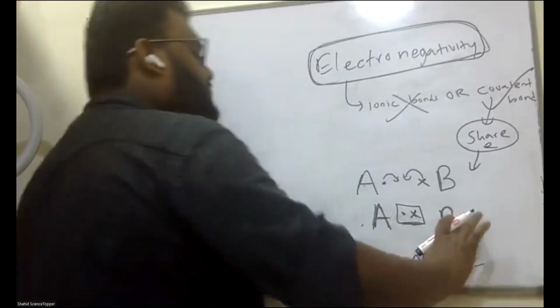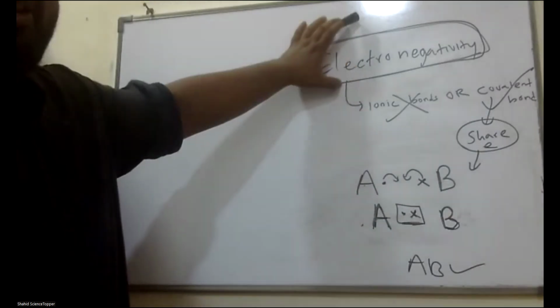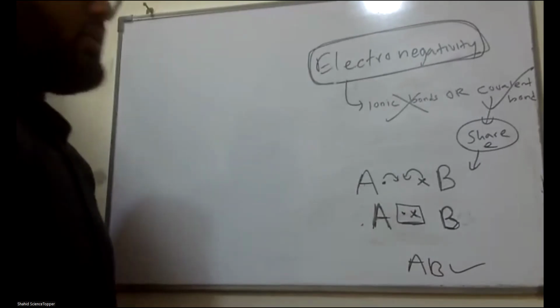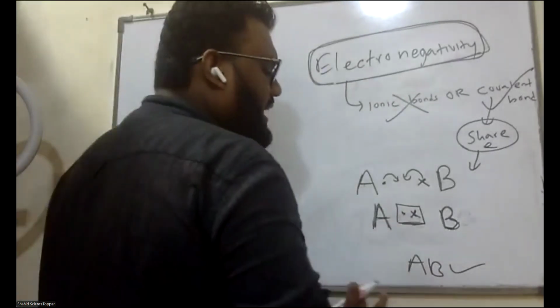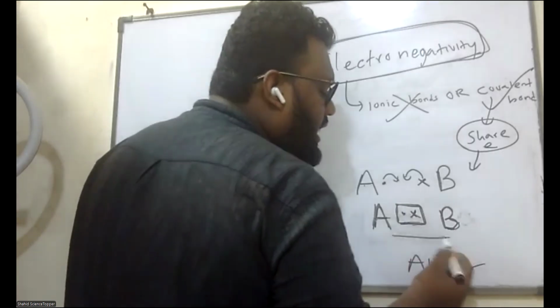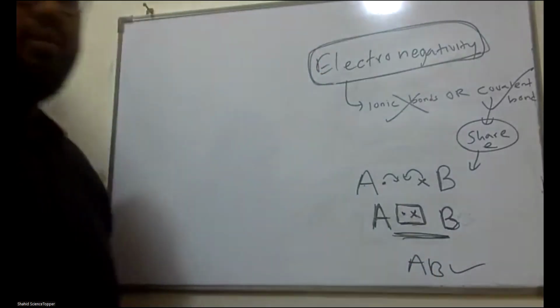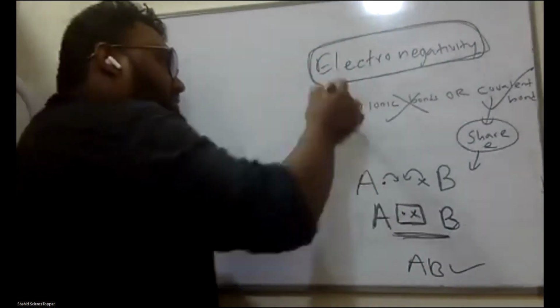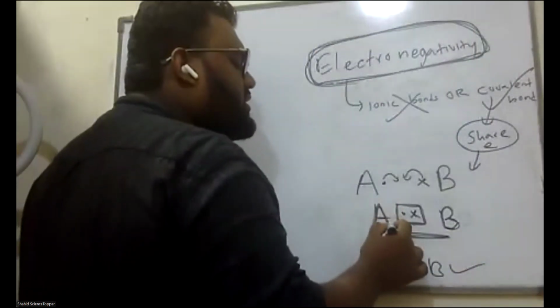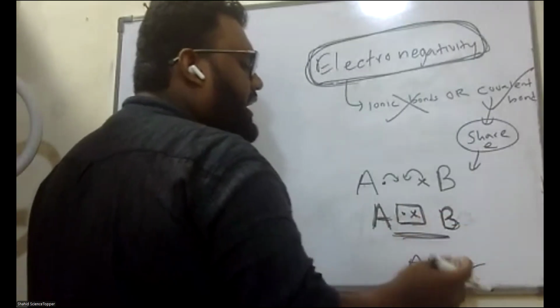Now I am telling you how electronegativity comes into play in this kind of situation. I told you the shared electron has to stay somewhere in between A and B. But the electronegativity of the atom decides where.